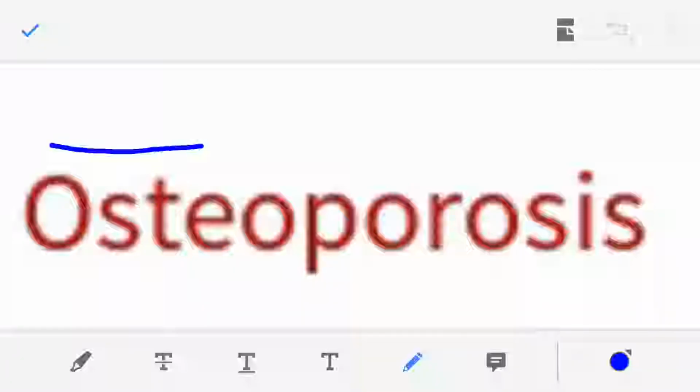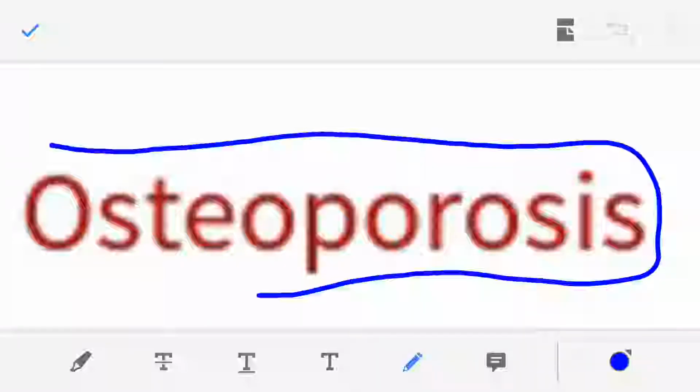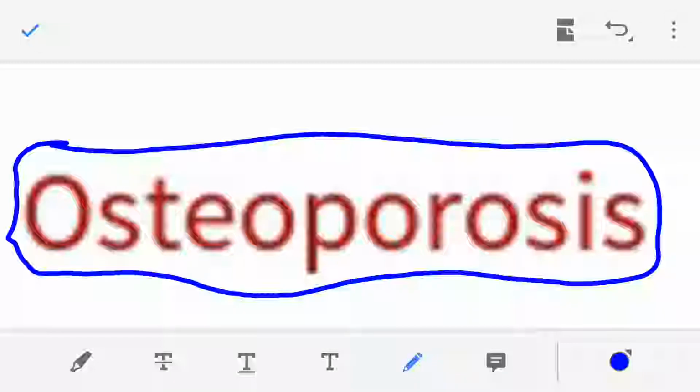So today our topic of discussion is osteoporosis. In this lecture, we are going to discuss why osteoporosis occurs, what the reason is, and which body part or organ is affected. Does osteoporosis occur more frequently in men or women, and at which age does it affect more?